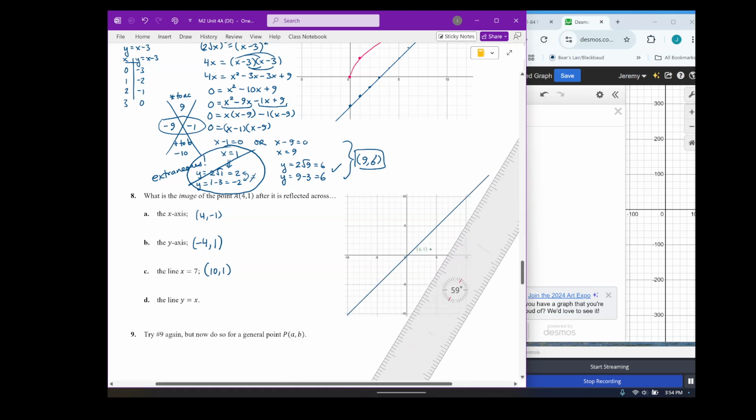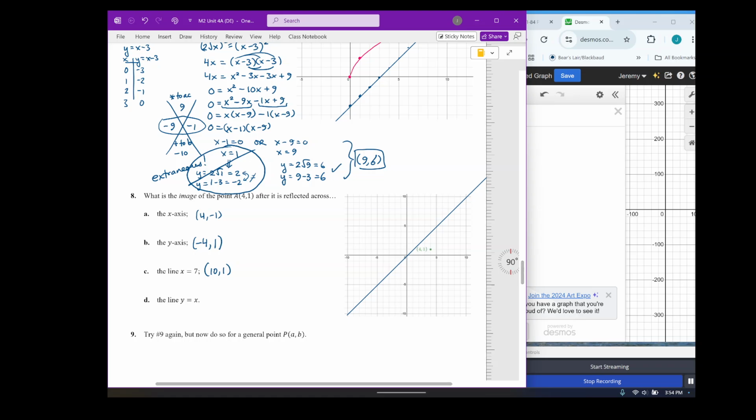And to reflect across that, you might remember that's really related to an inverse. So this is related to inverses. And you might remember that if you reflect something across that line, y equals x, you're finding an inverse.